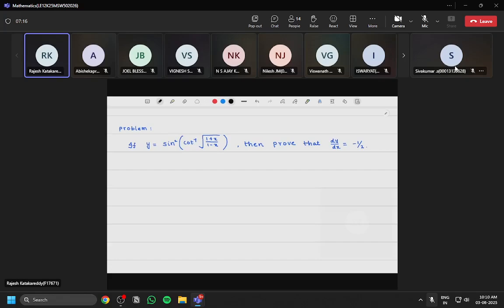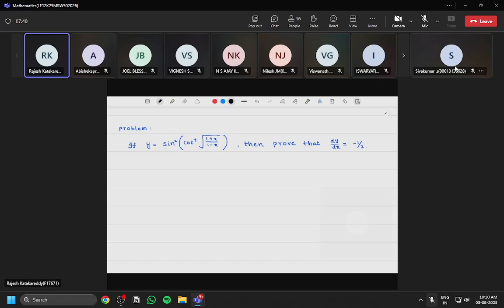Now substitute in this. What do I get? 1 plus cos 2 theta by 1 minus cos 2 theta. So substitute it. 1 plus cos 2 theta is 2 cos square theta. Then 1 minus cos 2 theta is 2 sin square theta. That becomes cot square theta. Which quadrant are we in?